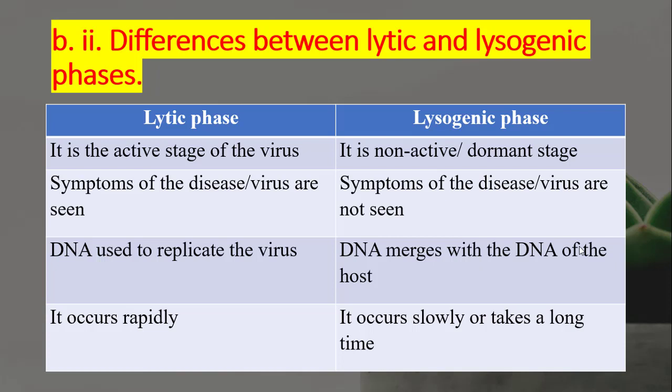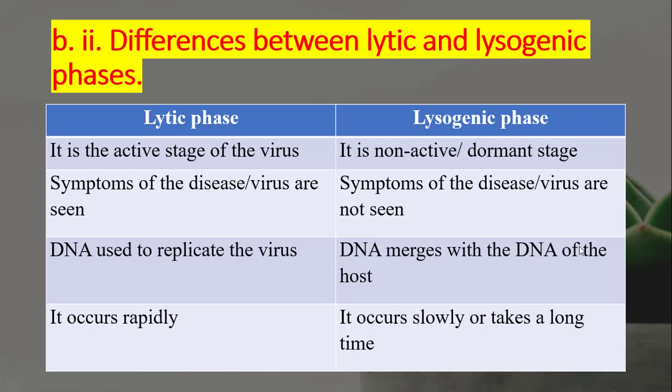You can also say that DNA is used to replicate the virus during the lytic phase. So you are producing parts of the virus, making the nucleic acid, and making its protein coat, capsid, spikes, and so on. Whilst the lysogenic phase is more concerned with the DNA merging with that of the host and subsequent formation of more DNA of the virus as the viral DNA replicates.